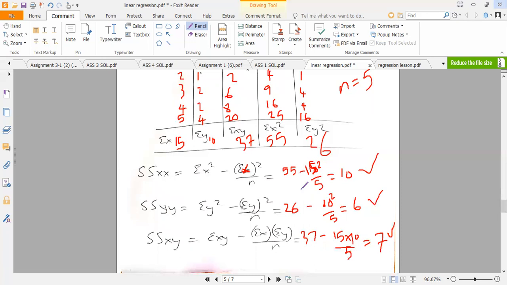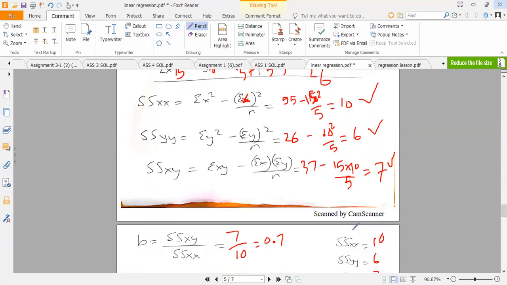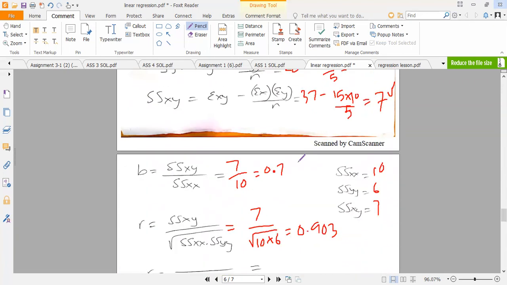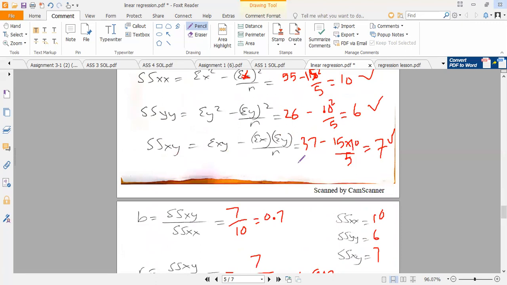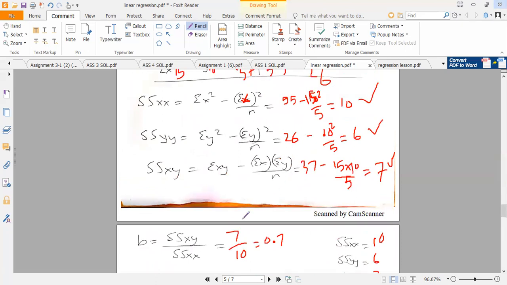So now, after finding the sum of squares, we can find our b, our slope. To find our slope, we have Sxy over Sxx.